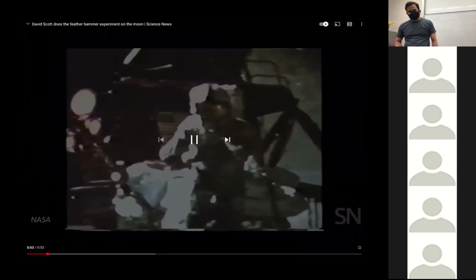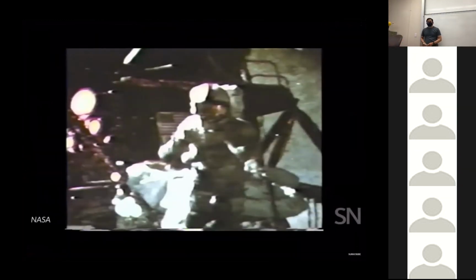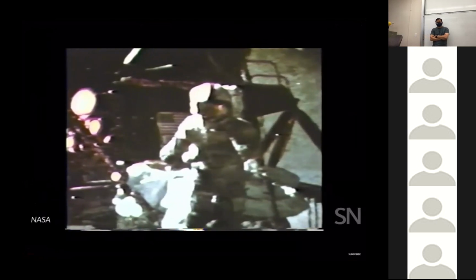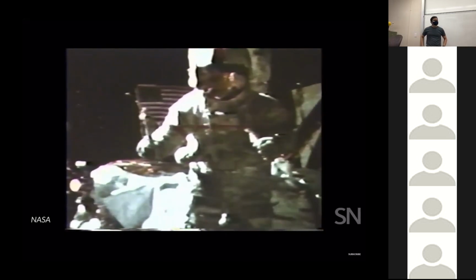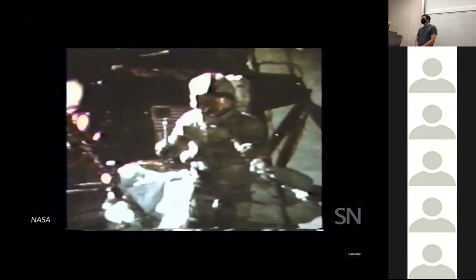Well, in my left hand, I have a feather. In my right hand, a hammer. And I guess one of the reasons we got here today was because of a gentleman named Galileo a long time ago, who made a rather significant discovery about falling objects in gravity fields. And we thought that where would be a better place to confirm his findings than on the moon.